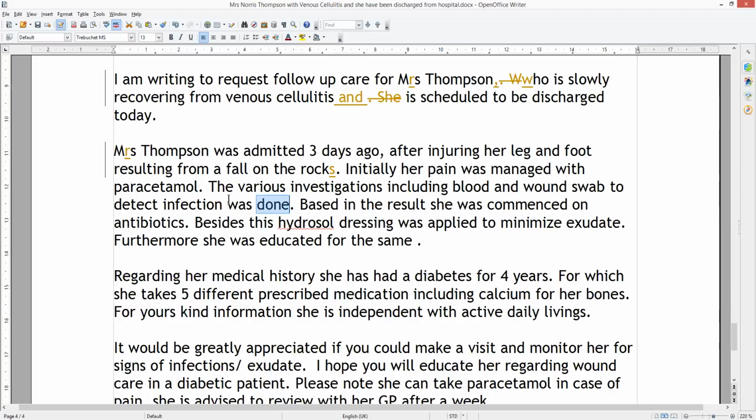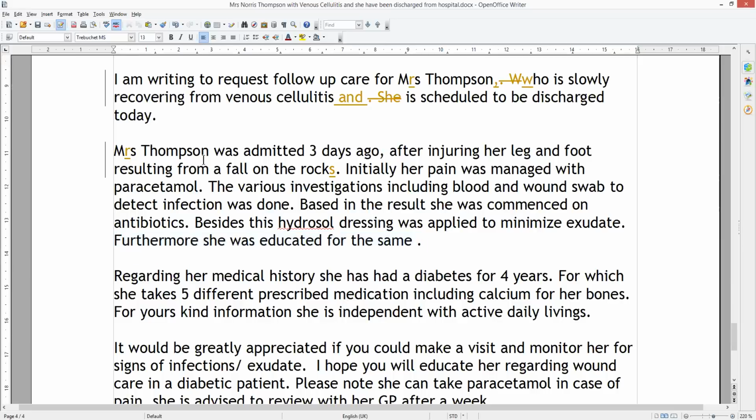You know, so you're grouping information together. Instead of having this here, and then she was tested, and then she was given this, and she was dressed. So furthermore, she was educated for the same. Do you not think that reads a little bit strangely? You know?